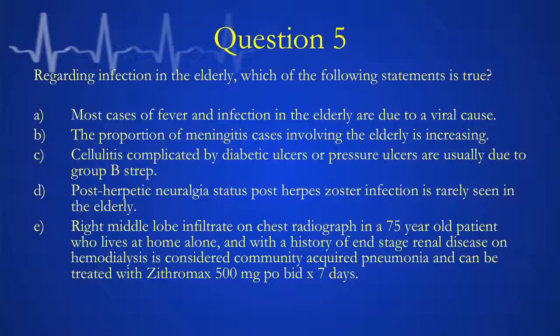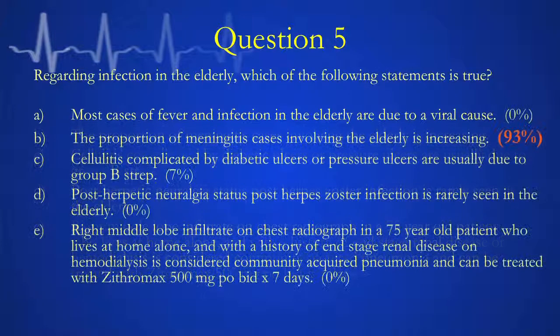Or E, a right middle lobe infiltrate on chest x-ray in a 75-year-old patient who lives at home alone with a history of end-stage renal disease on dialysis is considered community-acquired pneumonia and can be treated with Zithromax 500 milligrams twice a day for 7 days. So we're looking for which one's true.